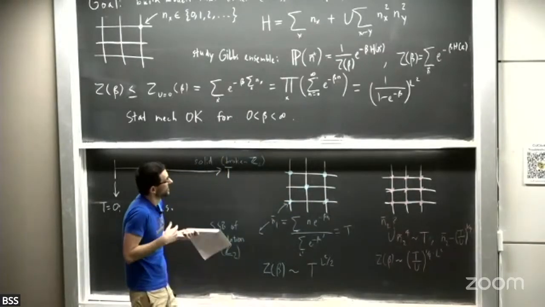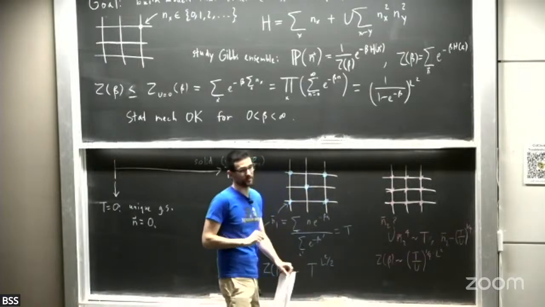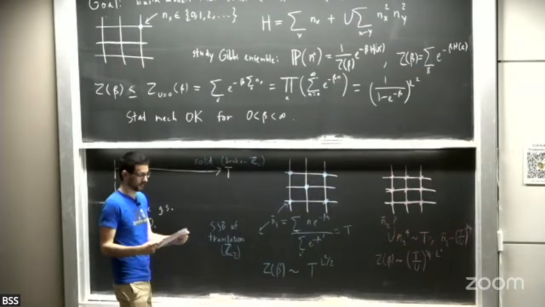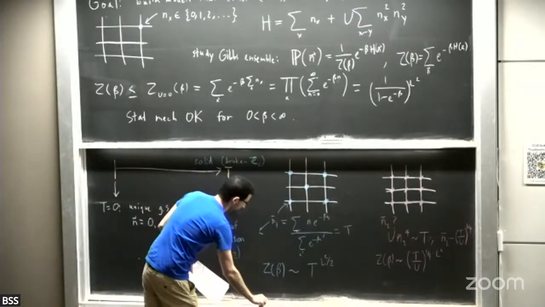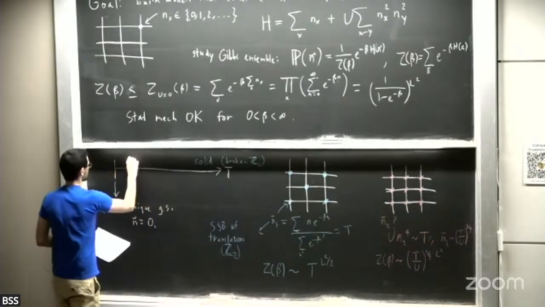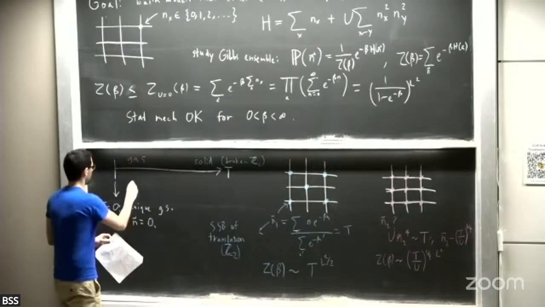But if there's a low density of these particles, there's no reason for them to all cluster on 1 sublattice. So we should expect a disordered phase, or a symmetry unbroken phase, at low temperatures. So this is often called a lattice gas.